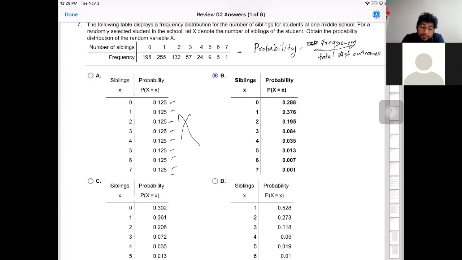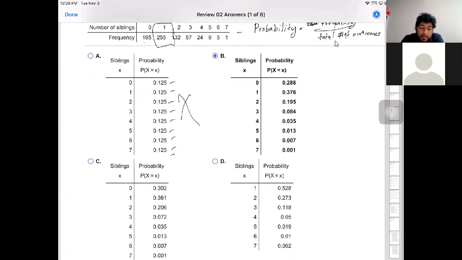But you can see between 195 and 255, 255, which means number of siblings 1, should have the highest probability because its frequency is greater than all other values. So now you can find number of siblings 1.